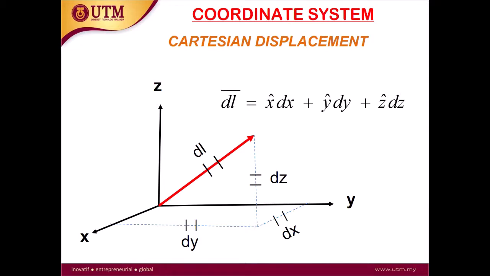The Cartesian displacement. Let's say we want to determine something on the Cartesian coordinate, maybe at this point. So from the origin to this point, how to express the dl, the increment, on Cartesian coordinates?